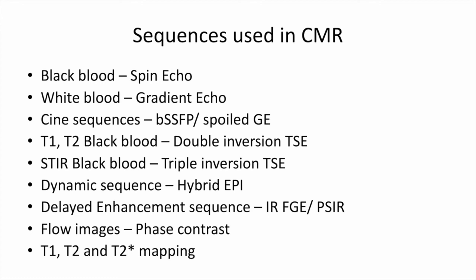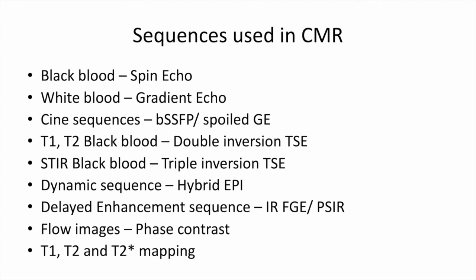The cine images use a balanced steady-state free precession or a spoiled gradient echo sequence. The ECG-triggered T1 and T2 black blood images are obtained by a double inversion turbo spin echo sequence, while the STIR images use a triple inversion recovery turbo spin echo sequence.